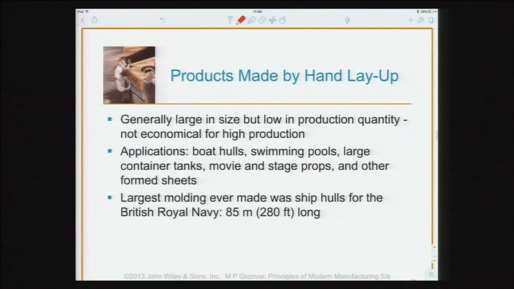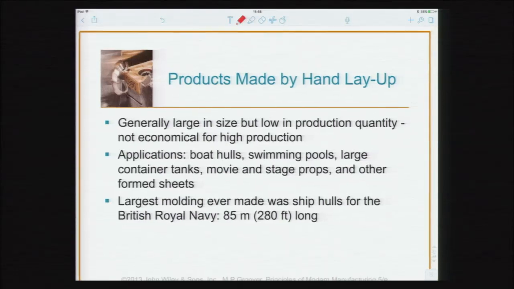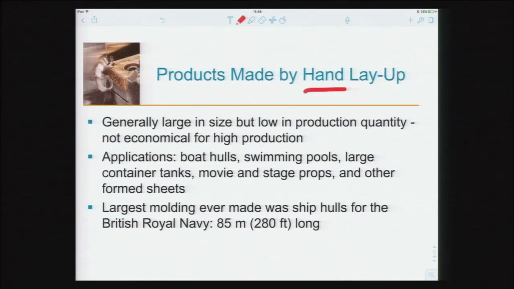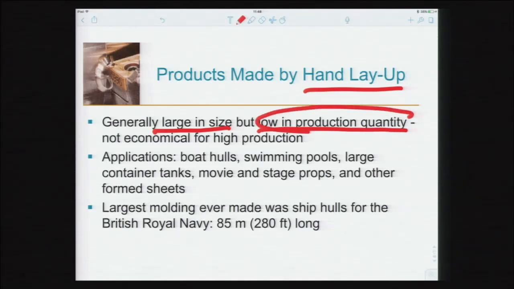Okay, so continue on slide 21. Products made by hand layup. Let's see example products made by hand layup. Products are generally large in size but low in production quantities, and that is the disadvantage.